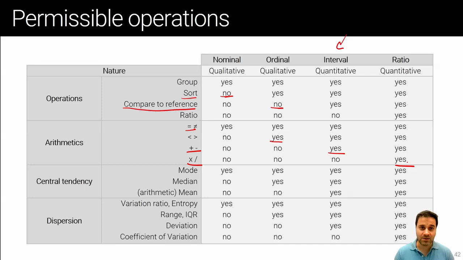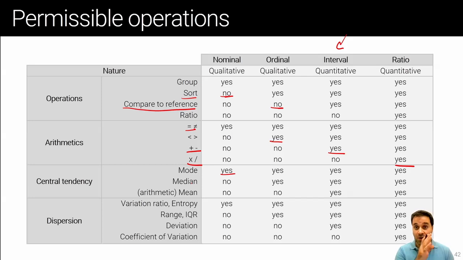What kind of statistics can we compute in terms of central tendency? Well, as we saw in the videos on exploratory data analysis, when we have a categorical variable, a nominal variable, we could just compute the mode. It's the only thing that makes sense with this kind of data. If we have ordinal, interval, or ratio, we could compute the median.